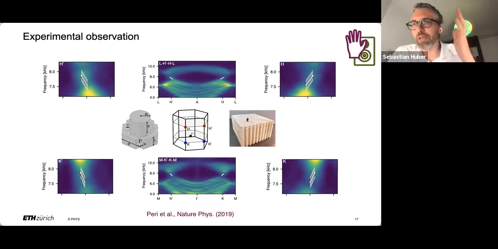But milling things out of metal rather than 3D printing it makes an improvement in quality factor of a factor of 5 to 10. So that's a way to go if you want to do these kind of demonstrational experiments just with a narrower bandwidth.